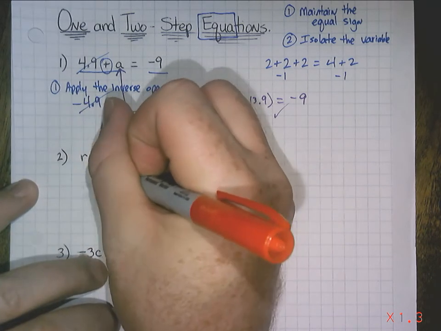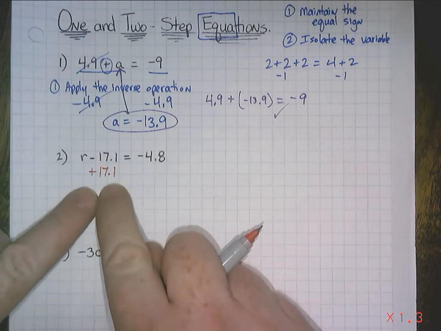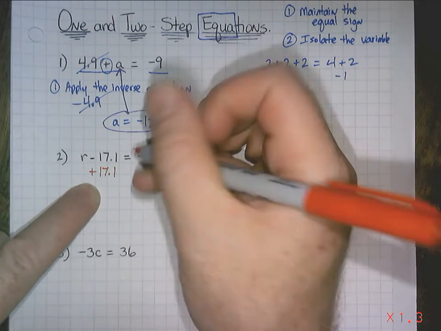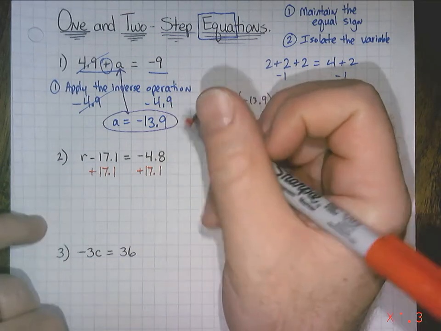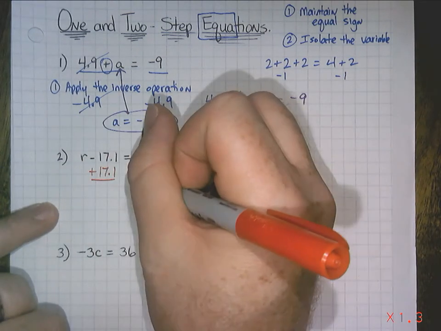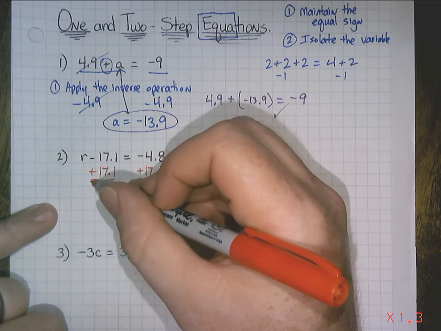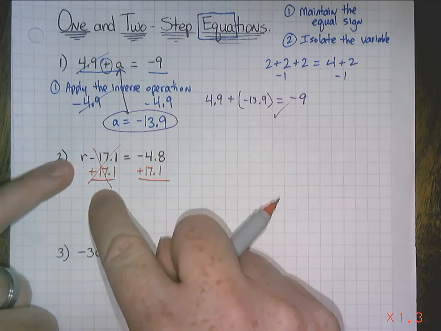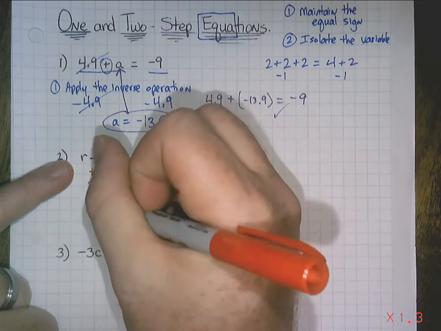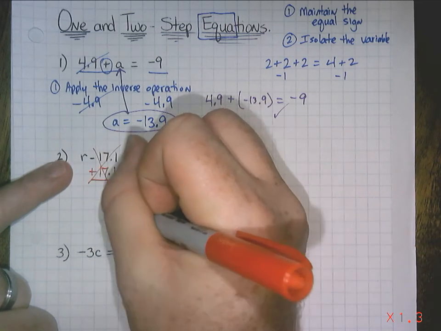So we have to add 17.1 not just to this side, but also to the other side, because we have to maintain that balance, maintain that equality, right? So this is going to cancel out, because when you apply the inverse operation, it cancels out here. You've isolated R. R is all by itself now.